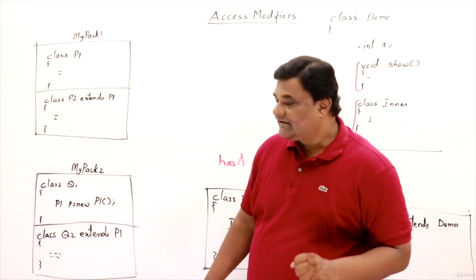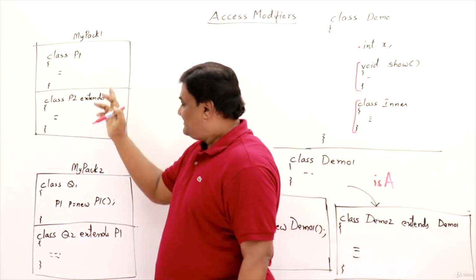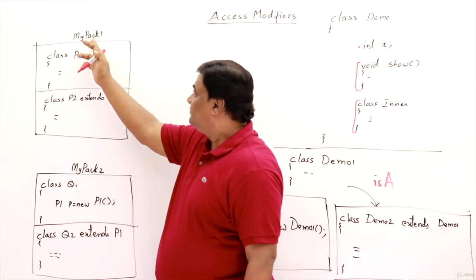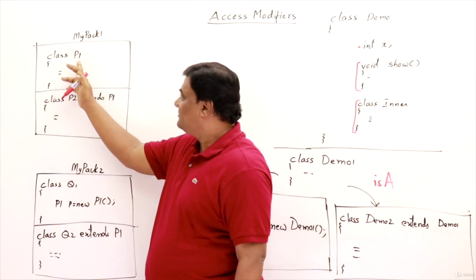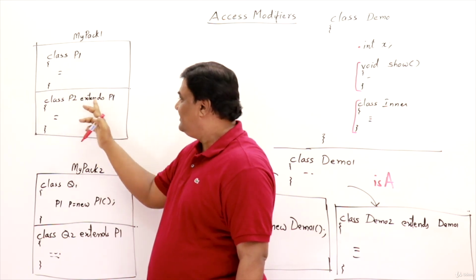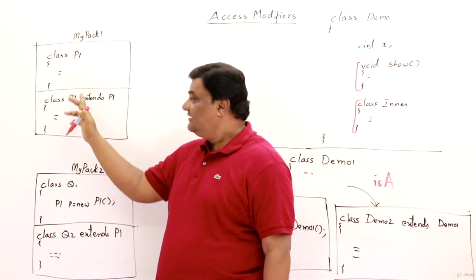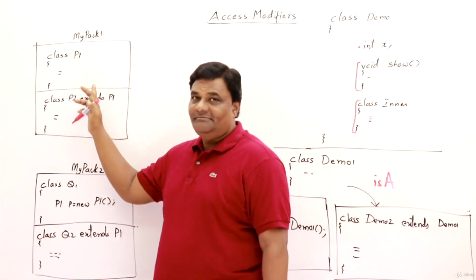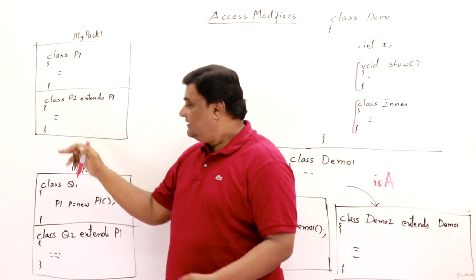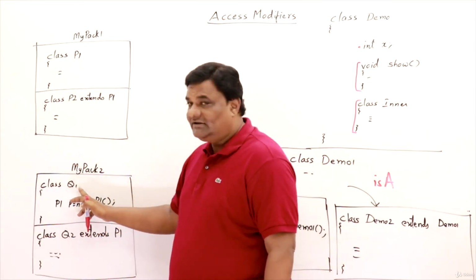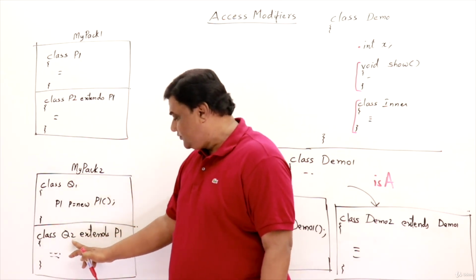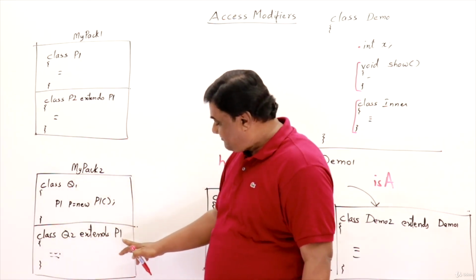Now the last thing here. I have two packages, mypack1 and mypack2. The first package has a class called P1 and another class P2 that is extending from P1. So there are two classes: P1, and P2 extending from P1. Similarly, in mypack2, I have class Q1 and class Q2, but Q2 is extending from P1.